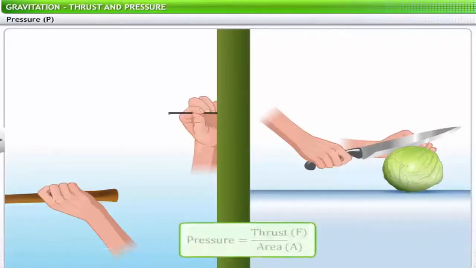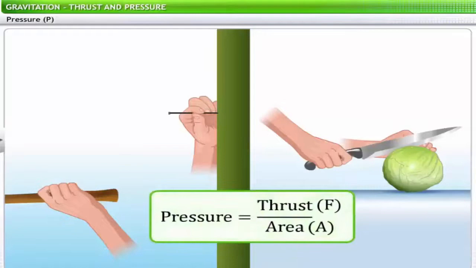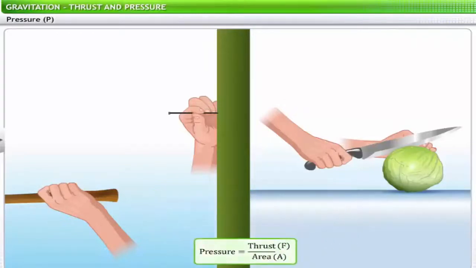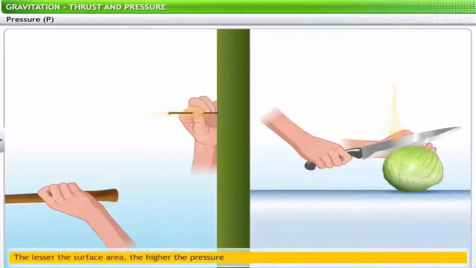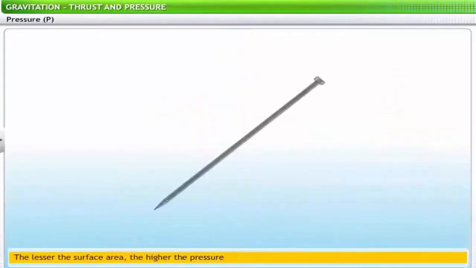Hence, pressure is calculated by dividing thrust by area. The lesser the surface area of an object, the more the pressure applied by that object. The pointed tip of the nail minimizes the surface area of the nail on which thrust is applied.